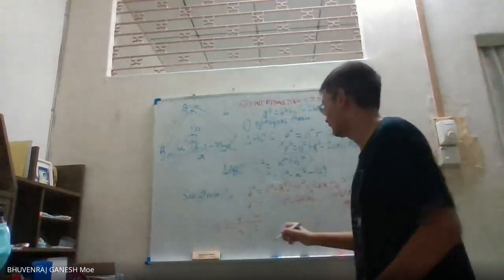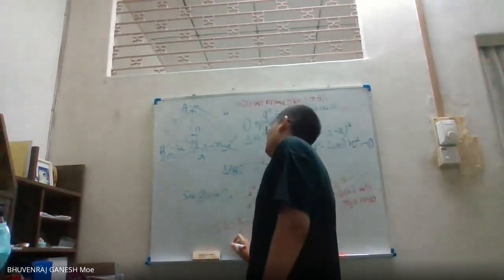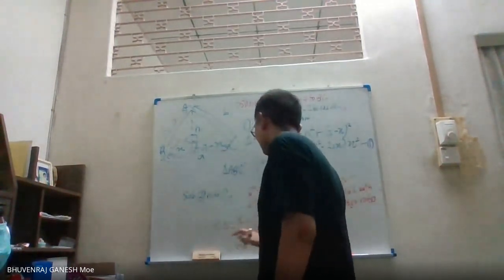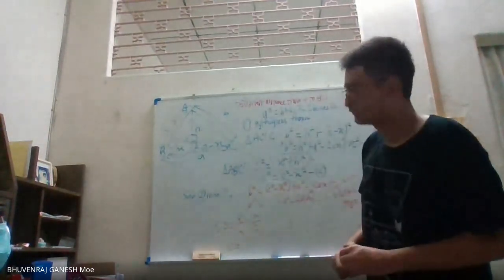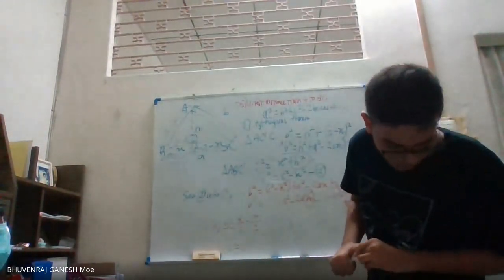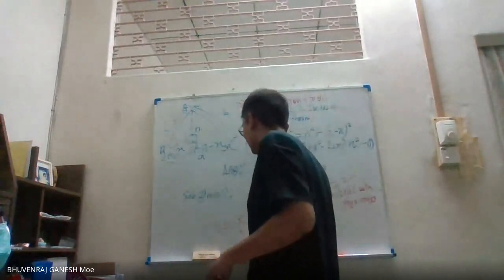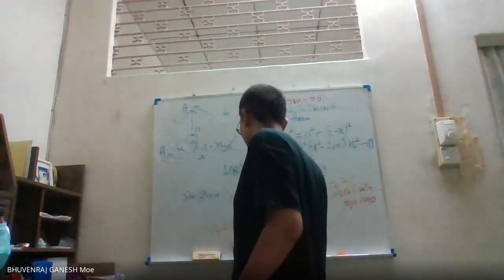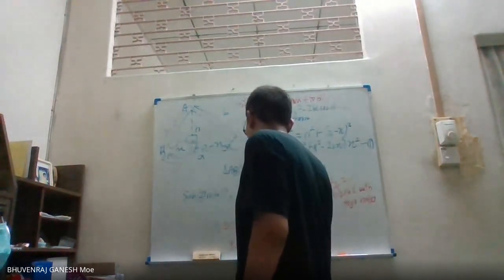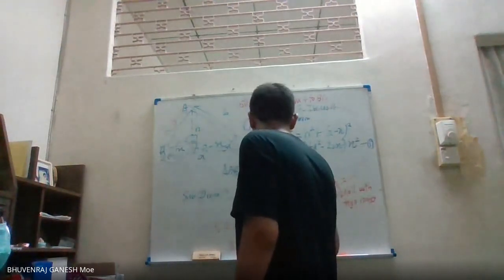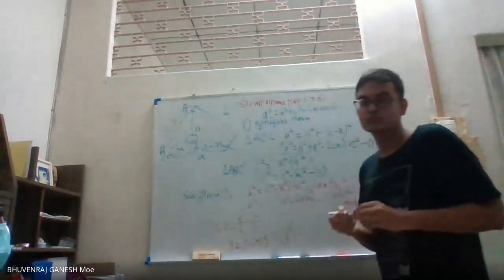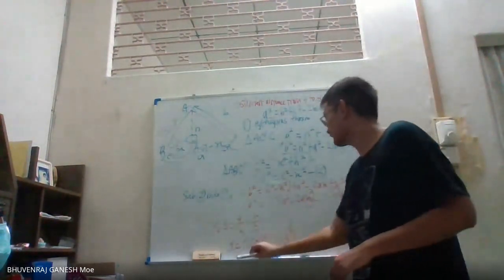So we shift the formula, wait, let me see, correct? No. x equals C cos B, yeah, correct. x equals C cos B. So this is the third equation. The third one, we will substitute into the second one.